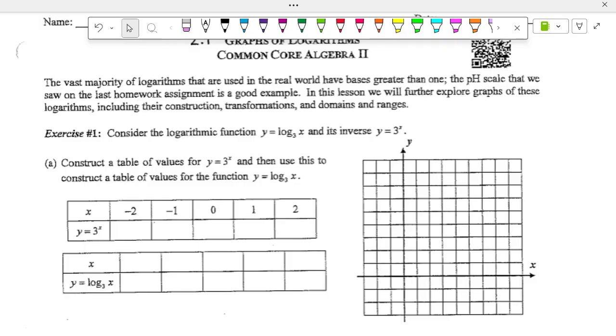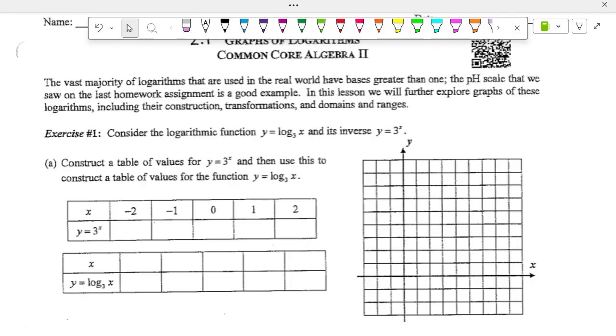What is true about an exponential graph? Does anyone remember what the domain is usually like for an exponential graph? Let's review, guys.